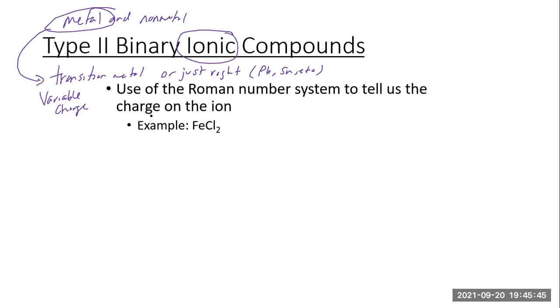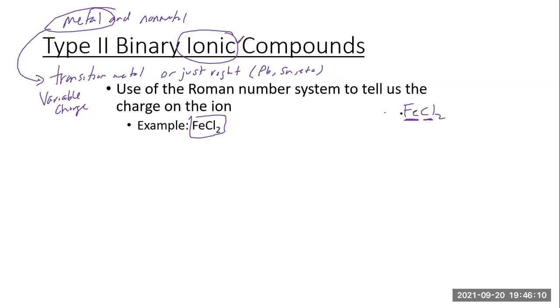So if we take something like this, FeCl2, we really do just want to approach it the same way as we've been doing with the other ones. Fe is iron. It's a transition metal, dead center almost on the periodic table there. Cl is a non-metal, which is chlorine. So again, metal, non-metal tells us it's ionic.